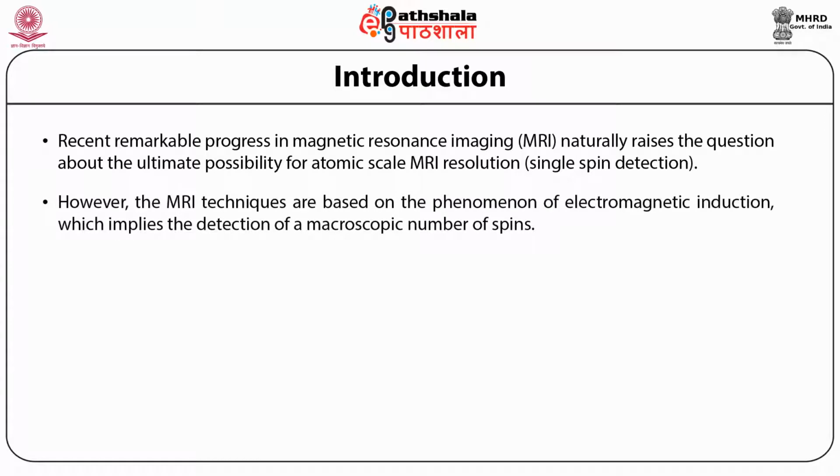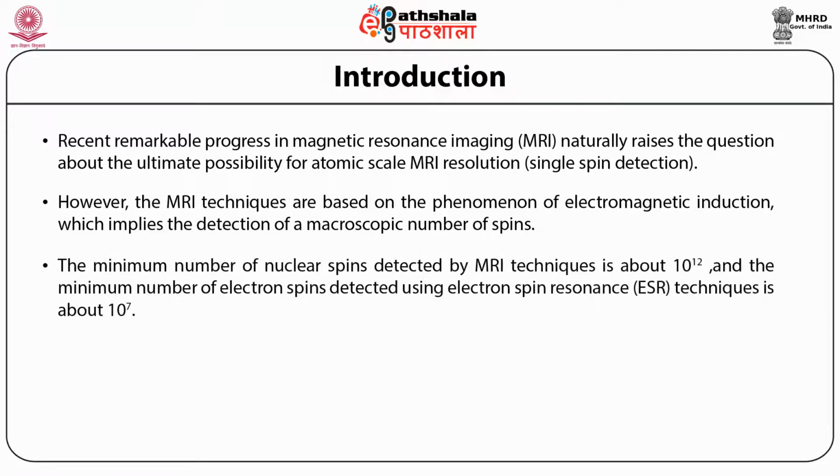However, the MRI techniques are based on the phenomena of electromagnetic induction, which implies the detection of a macroscopic number of spins. The minimum number of nuclear spins detected by MRI techniques is about 10 to the power 12, and the minimum number of electron spins detected using electron spin resonance (ESR) techniques is about 10 to the power 7.